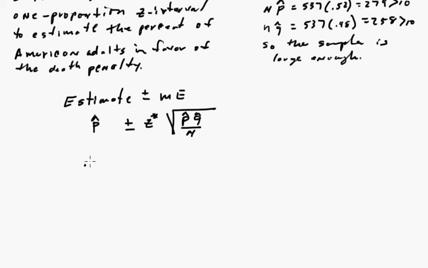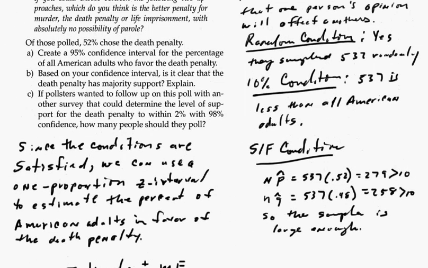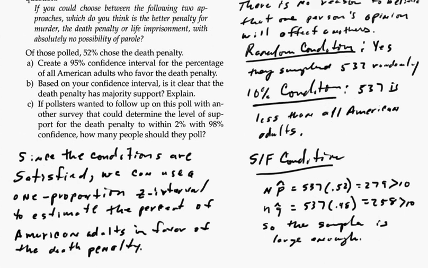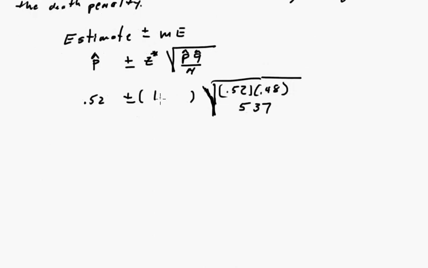So p hat was 0.52 plus or minus, and so we get 0.52 times 0.48 all divided by 537. Okay, so I forget what confidence. So they wanted 95% confidence. Okay, so that's 1.960. I have that memorized.